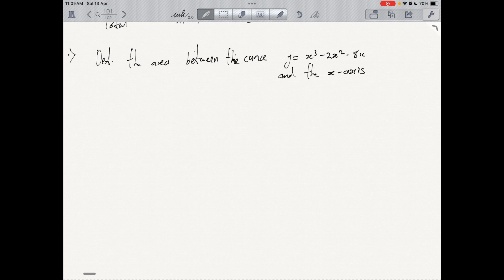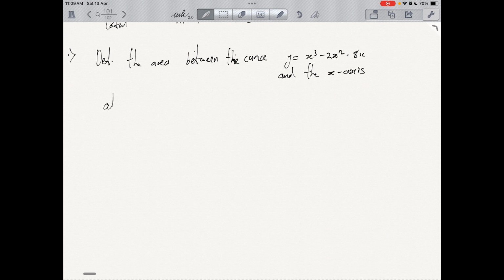Now when we have a question like this that asks for the area between the curve and the x-axis, we will notice that we don't have any value of x. That means we are saying from x is equal to this to x is equal to that. So we have to determine the point of intersection of the curve and the x-axis.